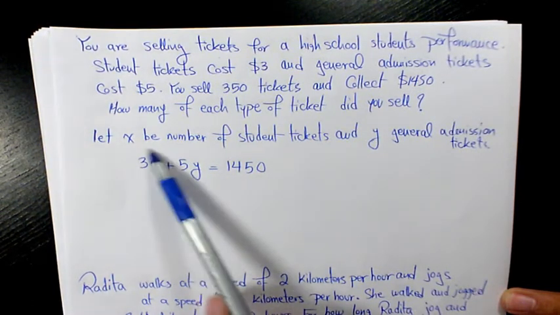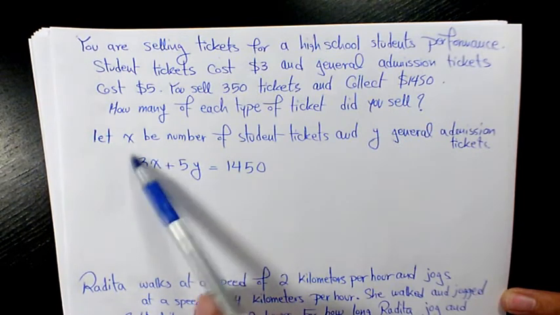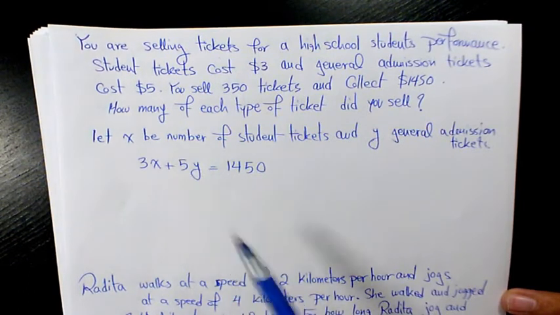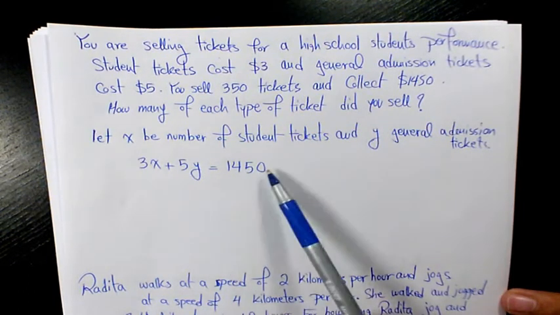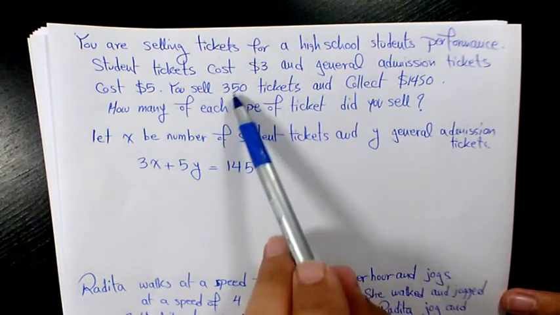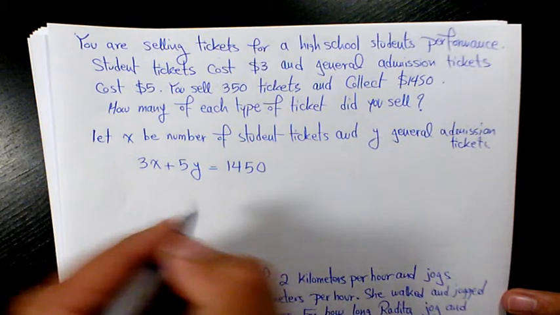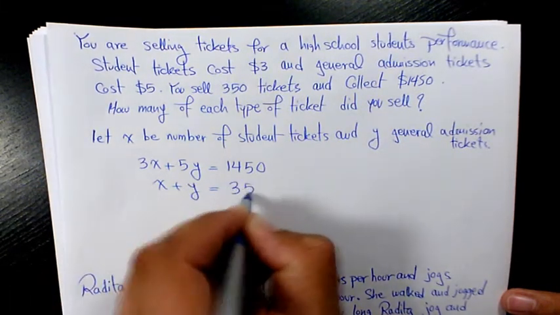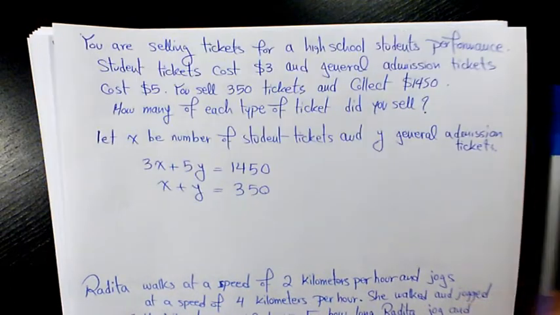This is the money collected based on selling student tickets. 5y is the money collected based on general admission tickets, and 1450 is the total amount of money. On the other hand, 350 tickets sold, so x plus y will be equal to 350.